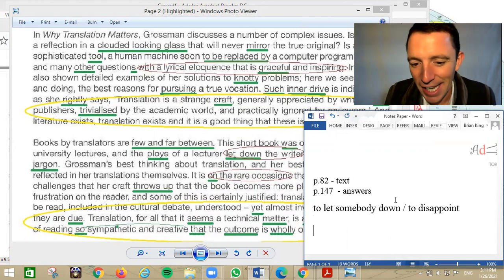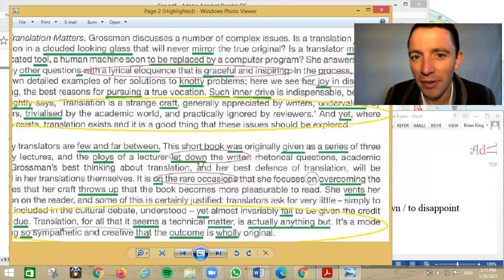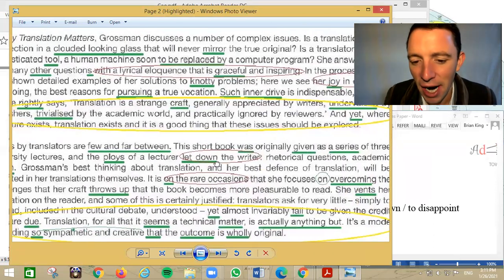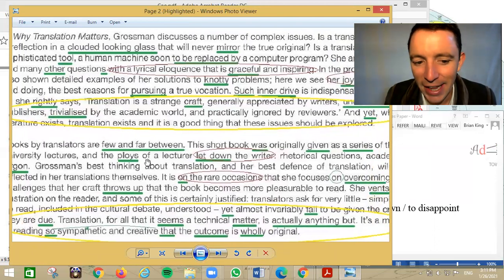So for me, that's the key here for the answer, because it's very, very hard vocabulary and a very hard concept. But here she says the ploys of a lecturer let down the writer. Ploy is like a tactic or a technique. So what are your ploys, your techniques, or your tactics? Okay, so she said the tactics of a lecturer let down the writer, so disappoint the writer.